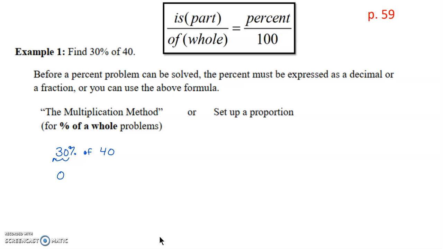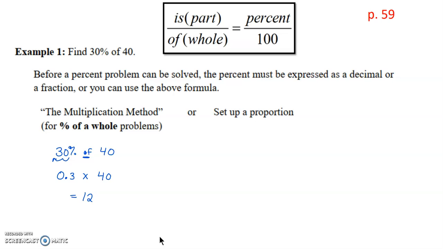So as a decimal, 30% is 0.3. We know the word of means multiplication. We've seen this in the past. So this is the multiplication method. We can take 0.3 and multiply it by 40, and that's going to give us 12.